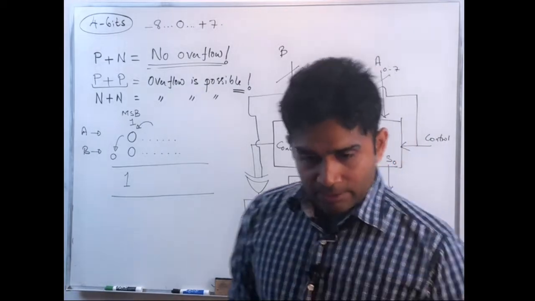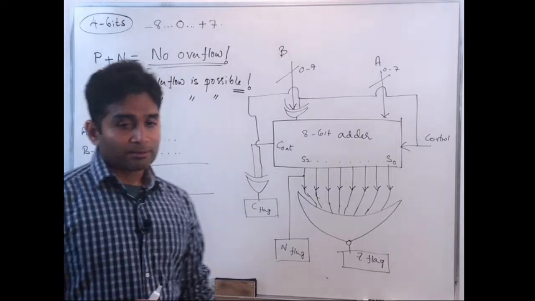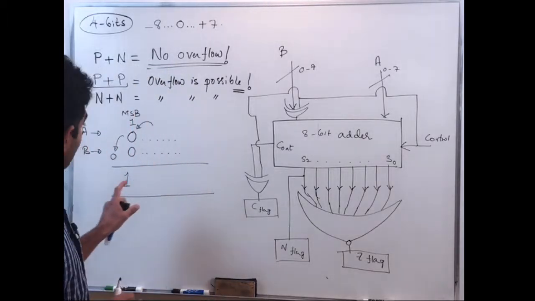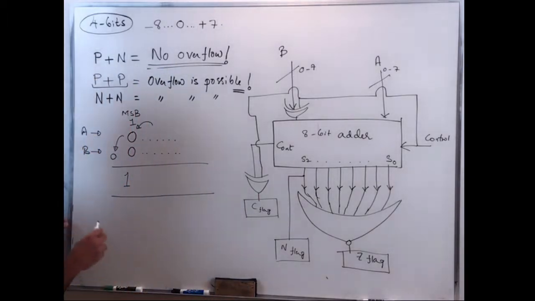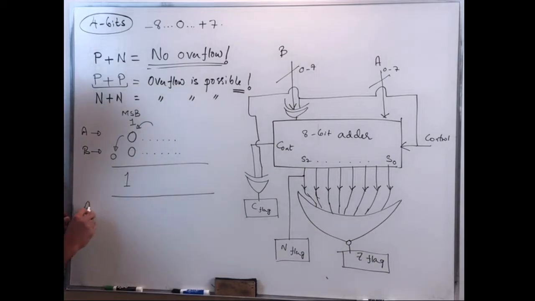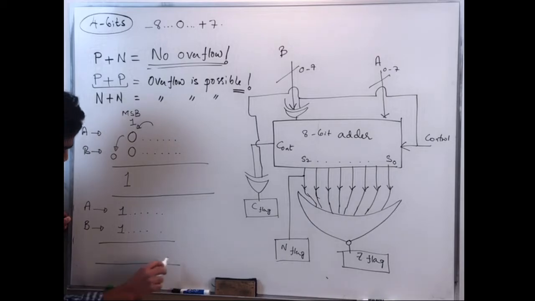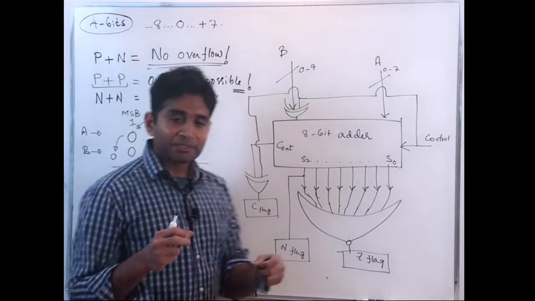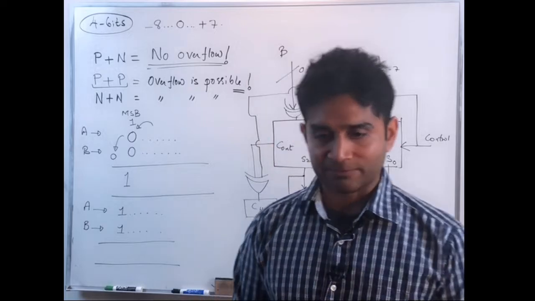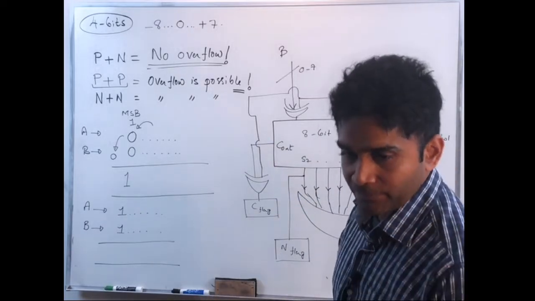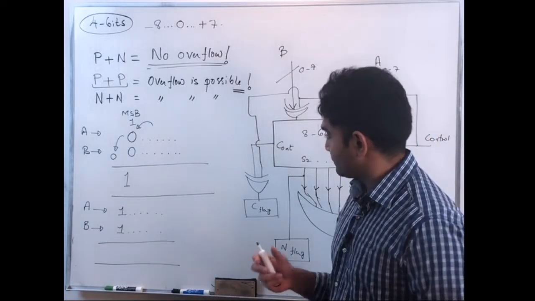All right. Let's hold on to that thought. Now let's look at 2 negative numbers, A and B, being added together. So in this case, it's a 1 followed by whatever the rest of the bits are. I'm adding these 2 numbers together. Again, when I'm adding 2 negative numbers, the answer should be negative. It cannot be a positive number. It should always be negative.